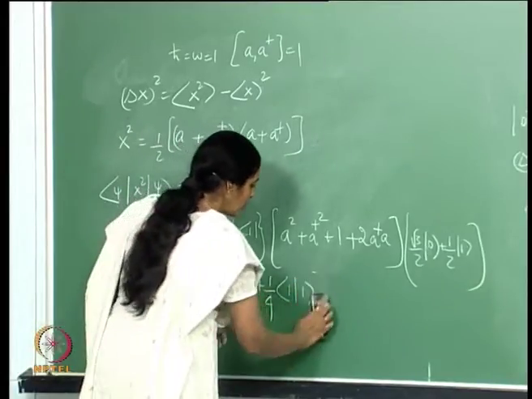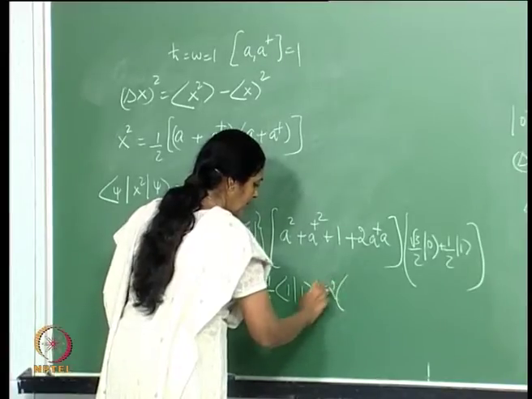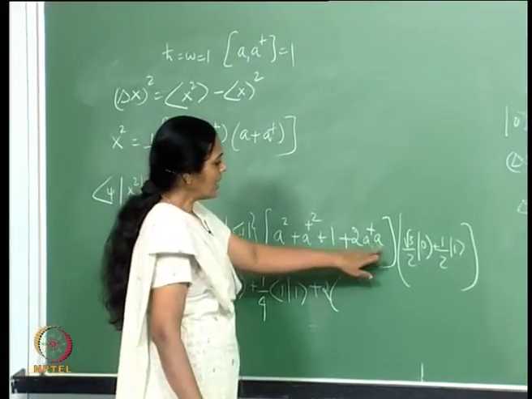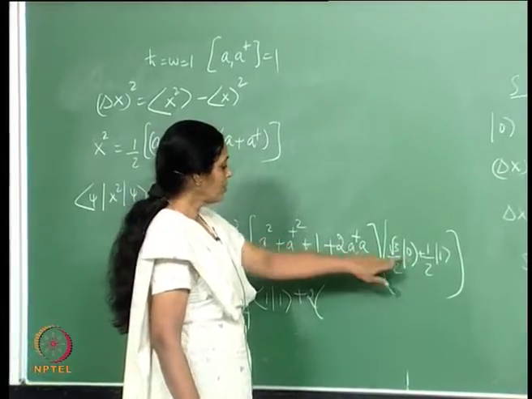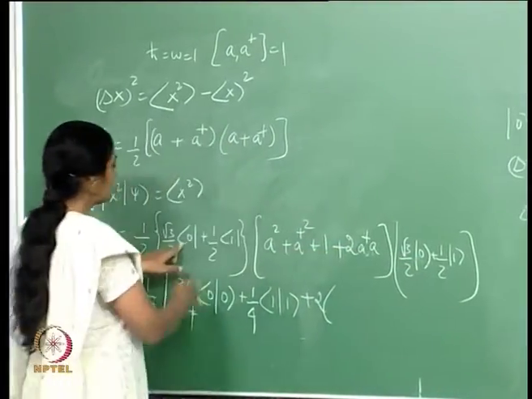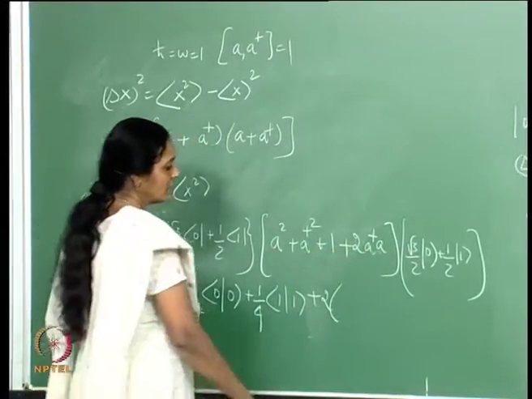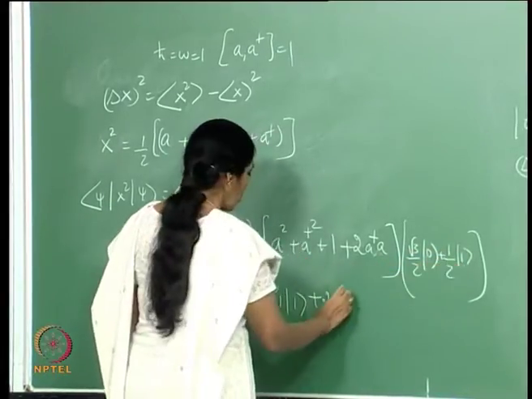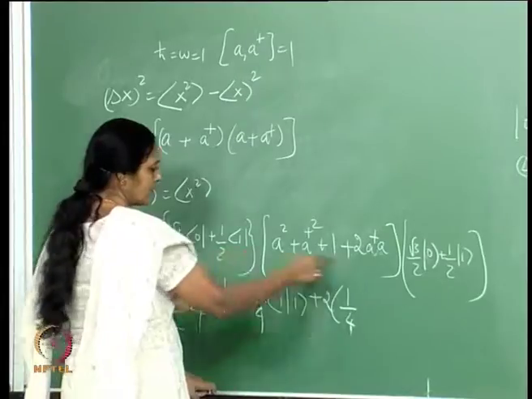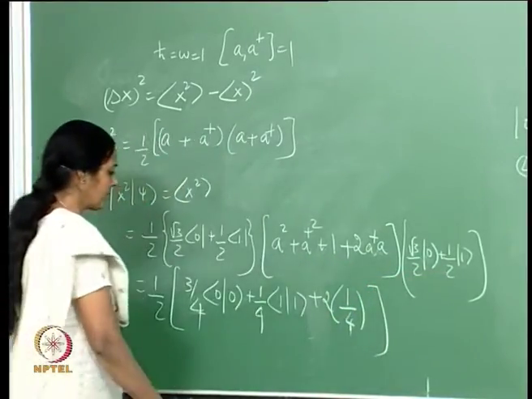But then there is a contribution from 2 A dagger A. Now A dagger A picks up an eigenvalue 0 when it acts on this state. So the overall contribution from the inner product of ket 0 with bra 0 is 0. But A dagger A here gives me a 1, and there is already a quarter because of these two, and that is what I have.